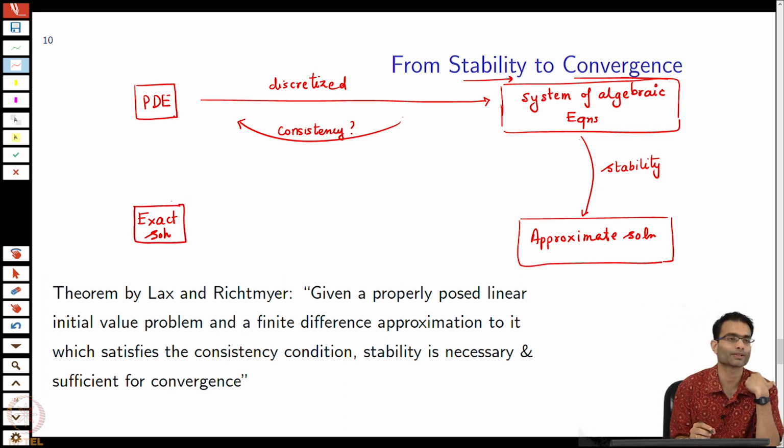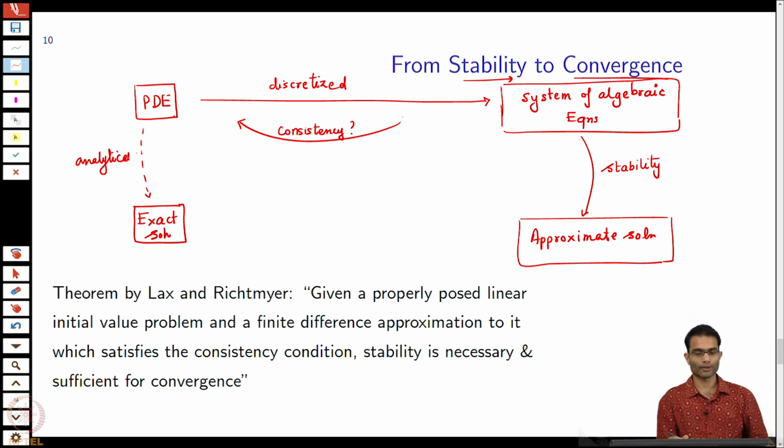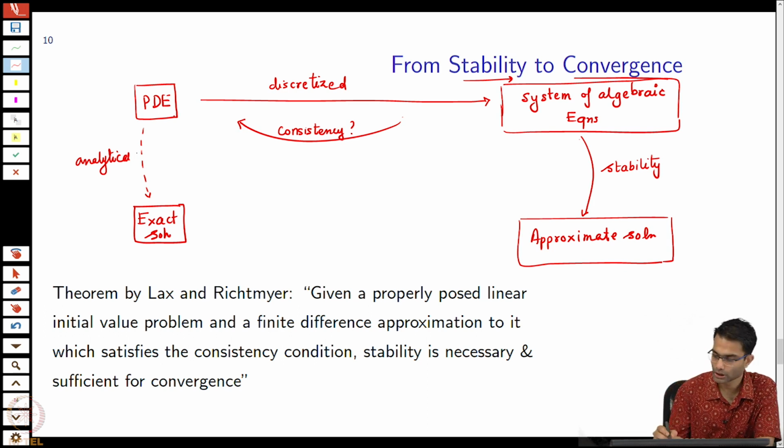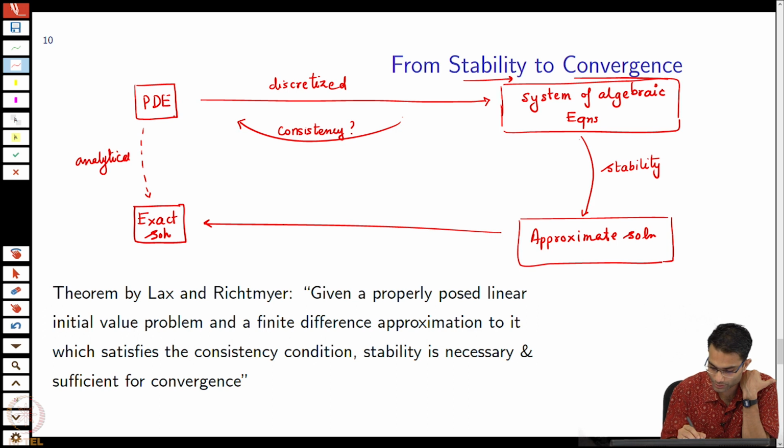In the olden days where there was no computation, you tried to go from here to here by doing what? Analytical methods, right. But we know that is not possible many times. That is why you have numerical methods. So, what should I write for this arrow? Convergence, right, that is what convergence is.